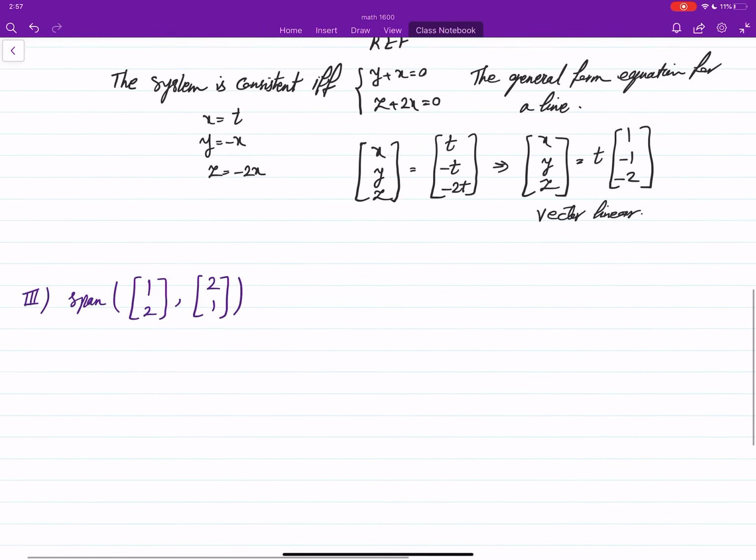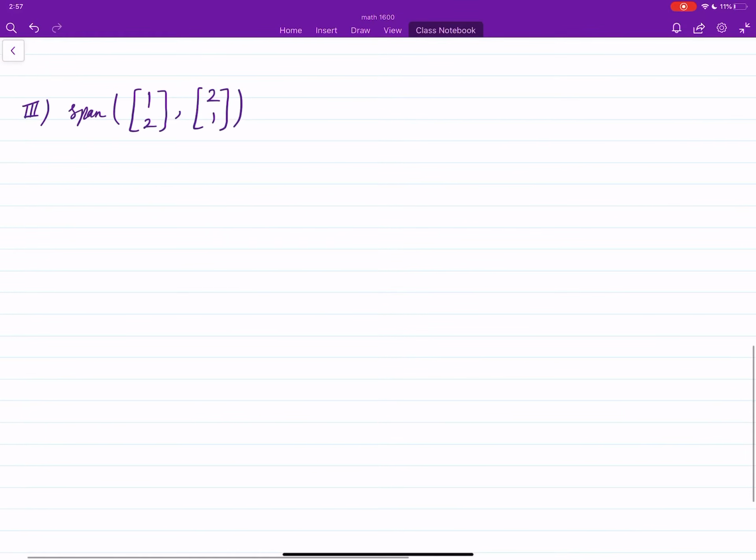And let's do one more example. Here we are in R2, so we are trying to see for what values of x and y this system is consistent.